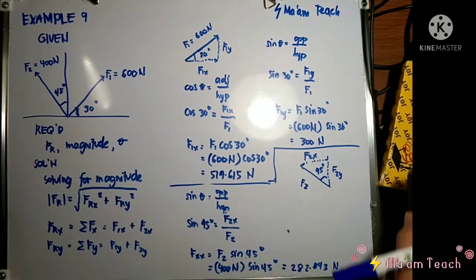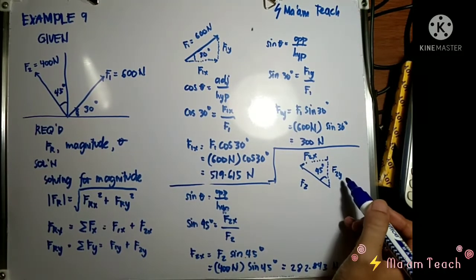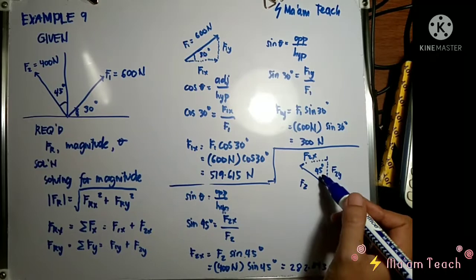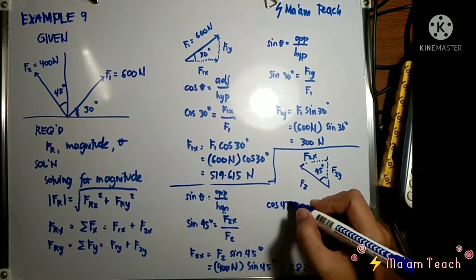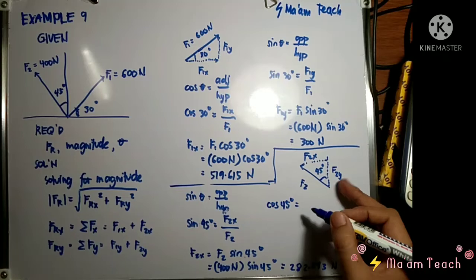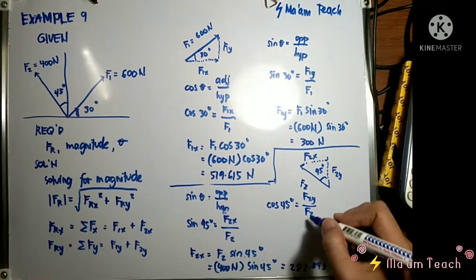Now for the y component, since the y component is adjacent to that angle, we'll be using cosine. So cosine 45, the adjacent is F2y, and the hypotenuse is F sub 2.